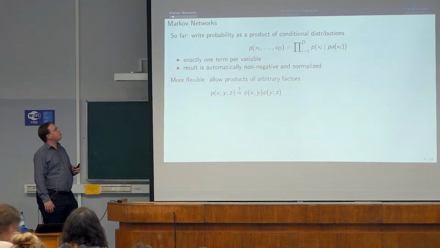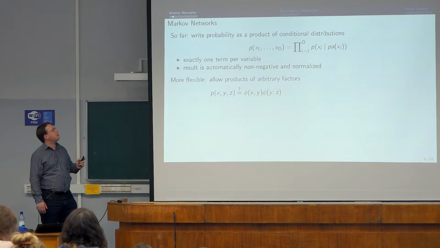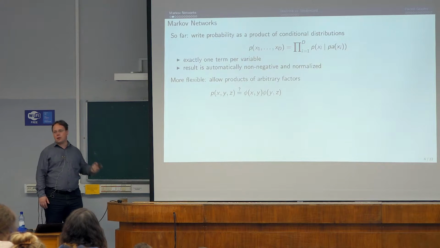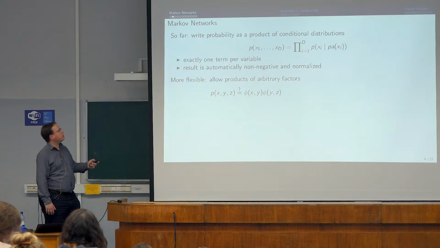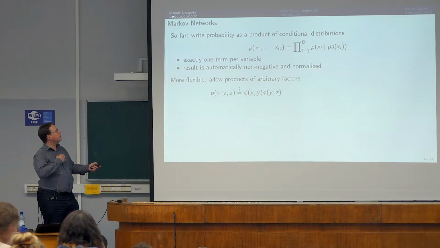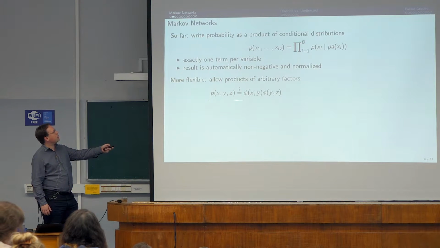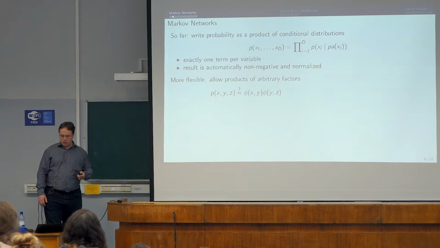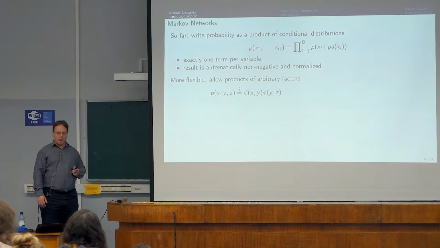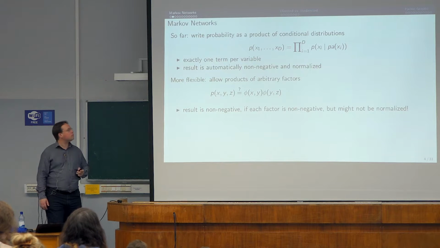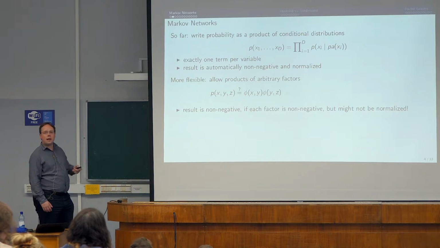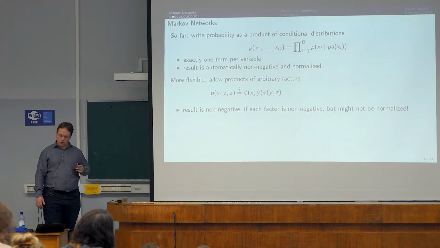So what if we wanted to model probabilities in a slightly different way? How about modeling the probability just as a product of two functions, each of them depending on two arguments? What will happen? If these functions themselves are non-negative, then the result will be non-negative, so that is good.